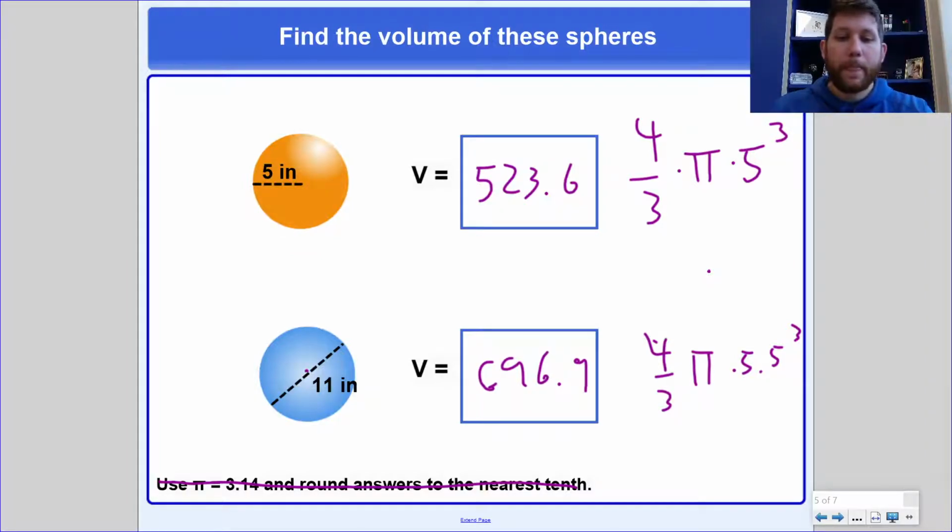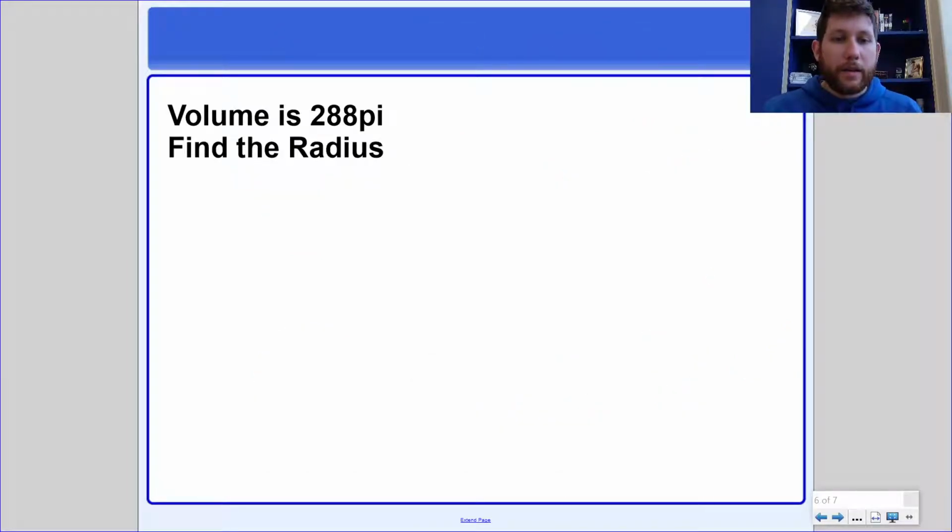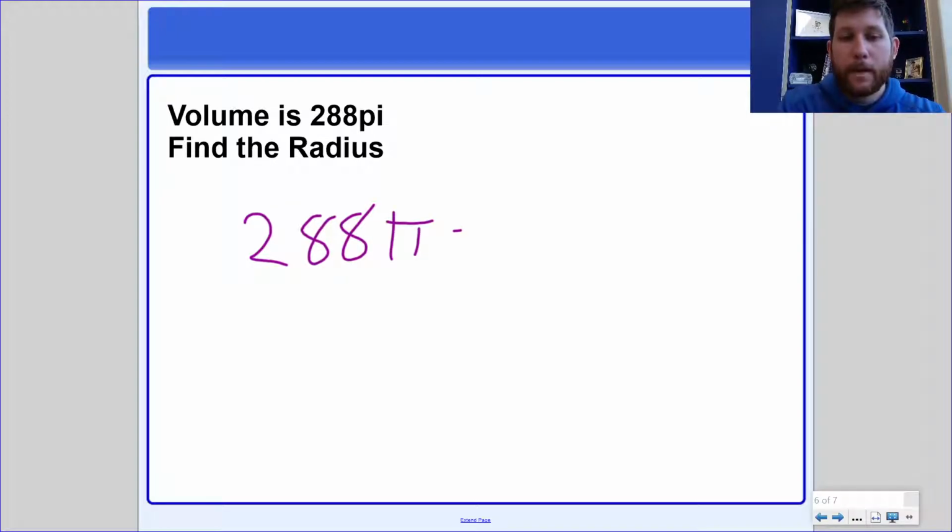All right. Let's work backwards here. This time they give us the volume as 288 pi, and they want us to find the radius. So let's set this up. 288 pi is equal to 4/3 pi r cubed. Right off the bat, I can divide both sides by pi, so that makes things simpler.